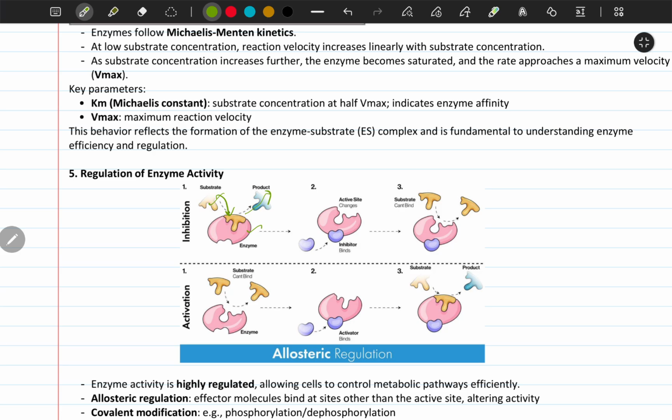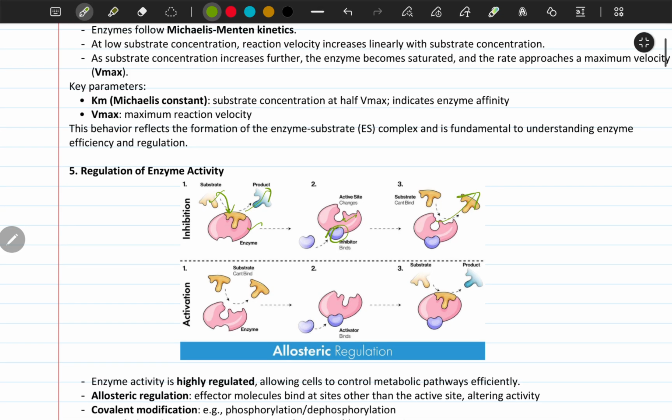As soon as we put an inhibitor, the active site changes. This site is called the active site. Its conformation is changed, so when the substrate comes to bind, it is not able to bind, so it just goes away.